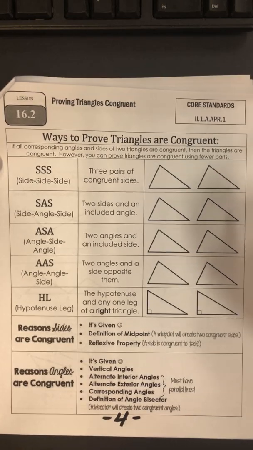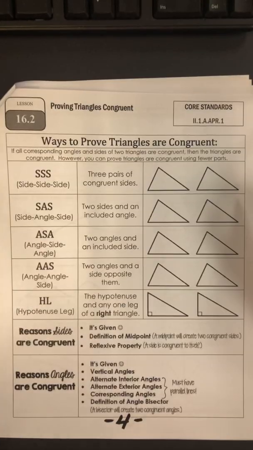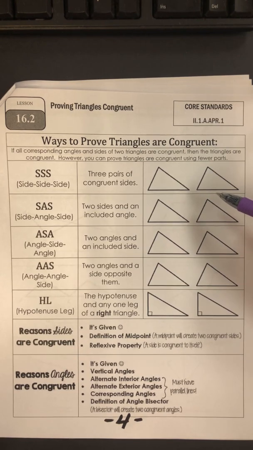Triangles are congruent. So we have some rules that we need to go through, and that will allow us to say, hey, these two triangles are congruent.